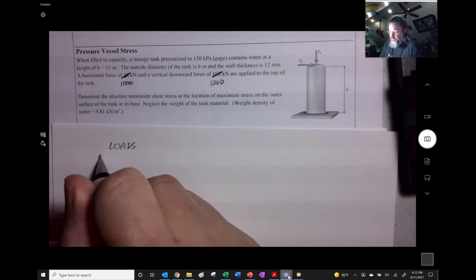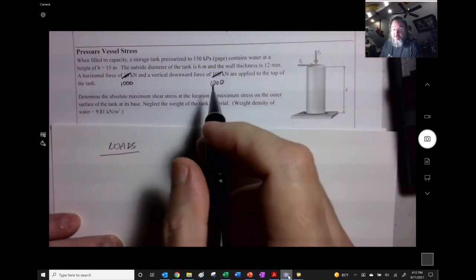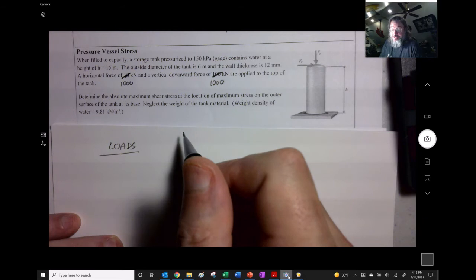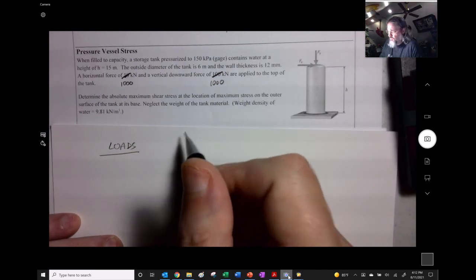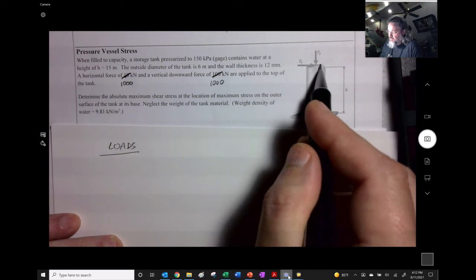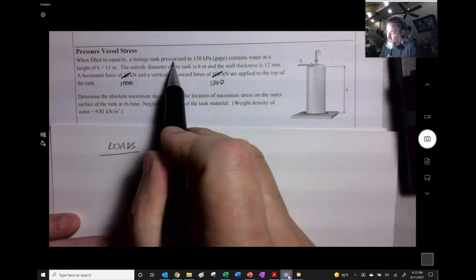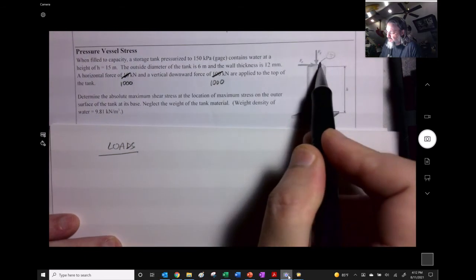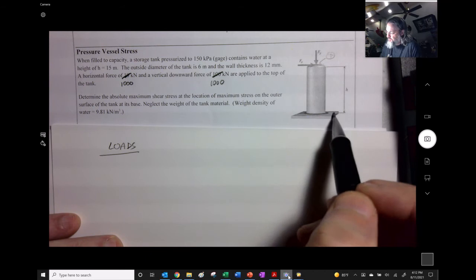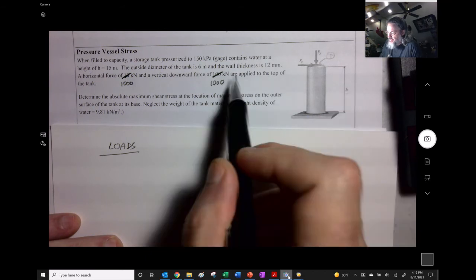All right, so we'll go loads, and we've got a pressure at the top of 150 kilopascals. A storage tank pressurized to 150 at the top, but it also has this height right there.